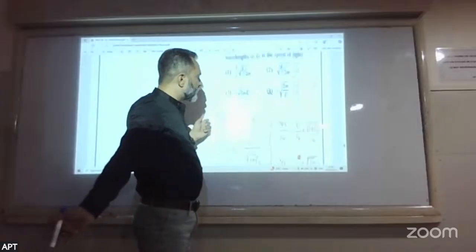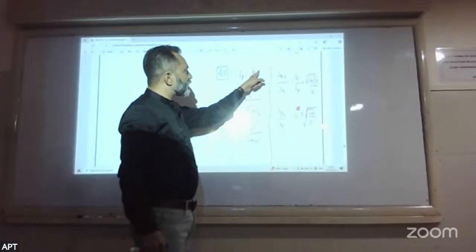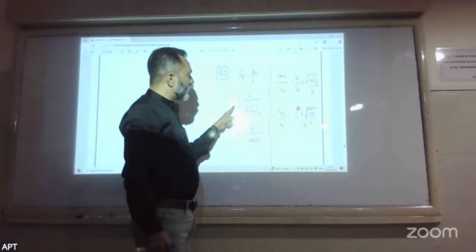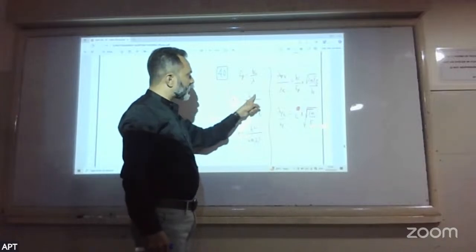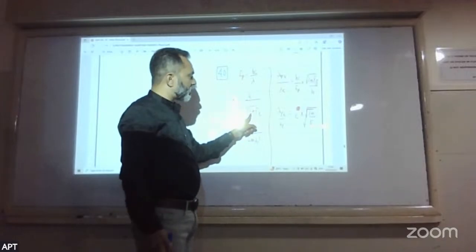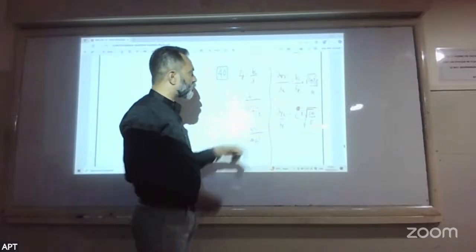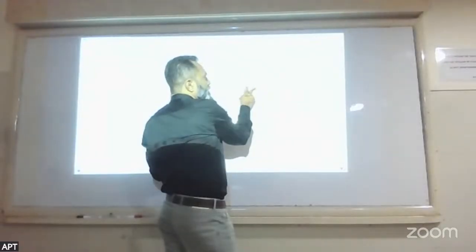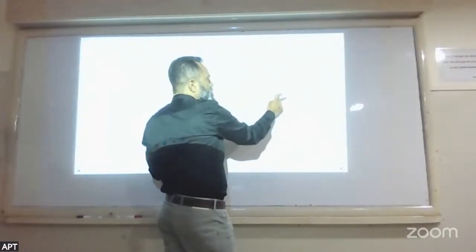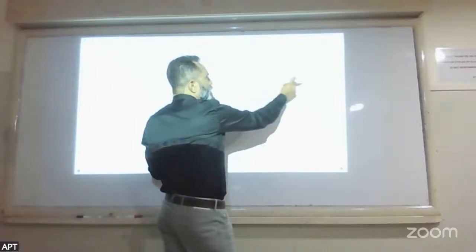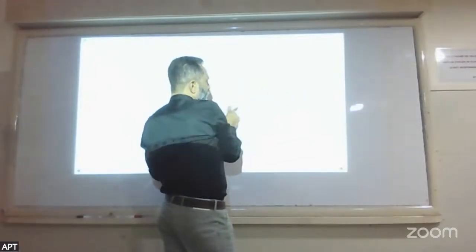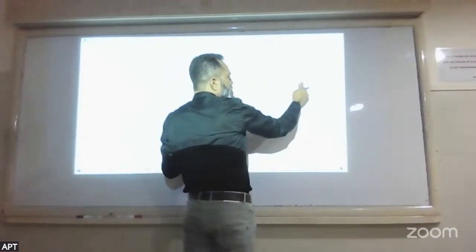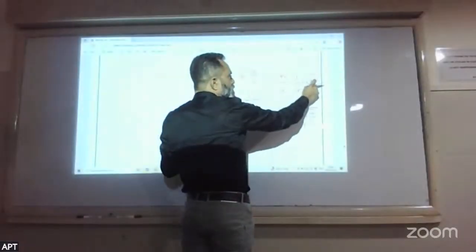So the photon energy is hc/lambda. For the electron, lambda is h/p, with the de Broglie hypothesis, h over root of 2mE. So when I take the ratio of the photon's wavelength to the electron's wavelength, the photon wavelength will be hc/E, and the electron wavelength will be h upon under root 2mE.